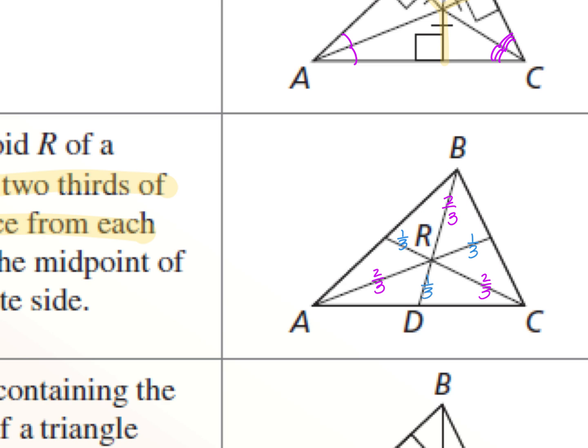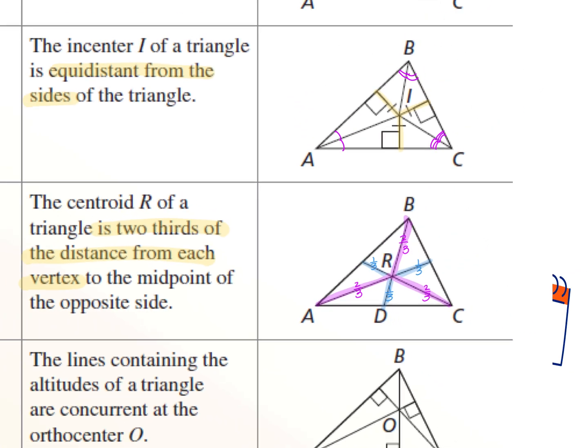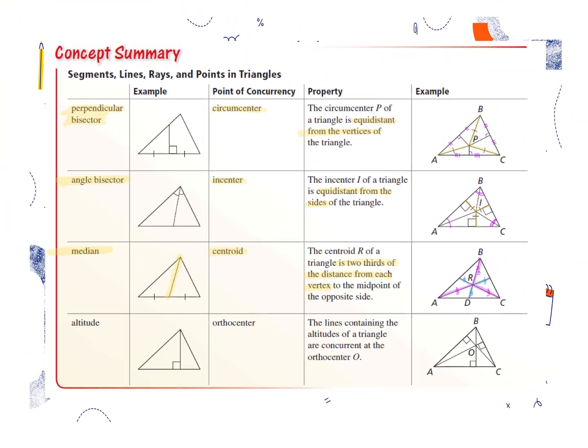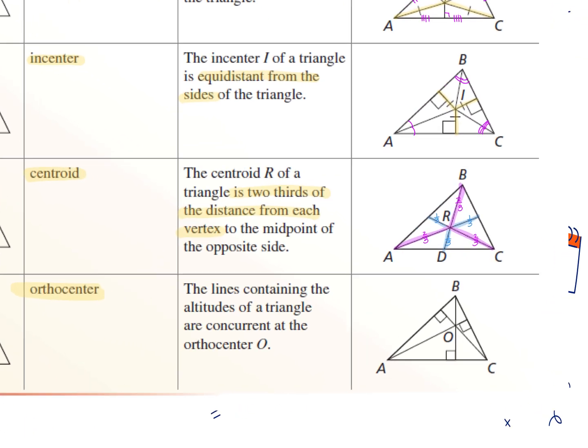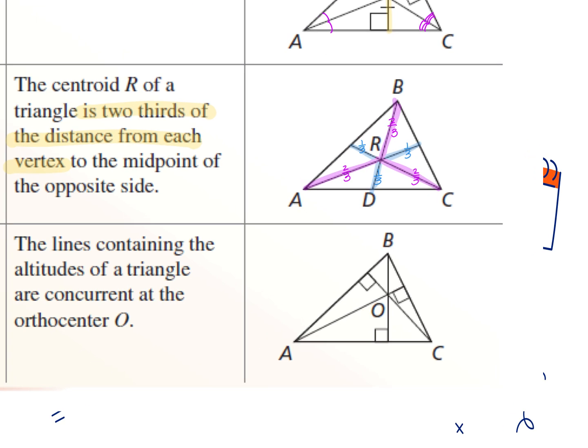Just highlighting, this is 1/3, and these are 2/3. And then the last one that we covered is orthocenter. Orthocenter has to do with your altitudes. The point where your altitudes meet is called your orthocenter, which is right here. Altitudes go from your vertex at 90-degree angles to the opposite side. This is my altitude.